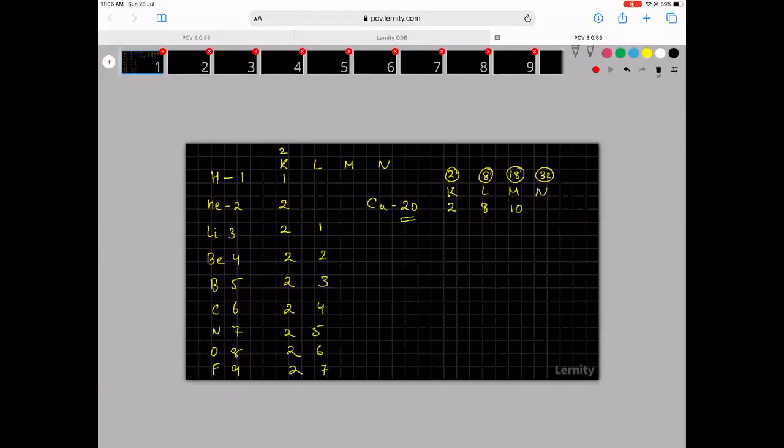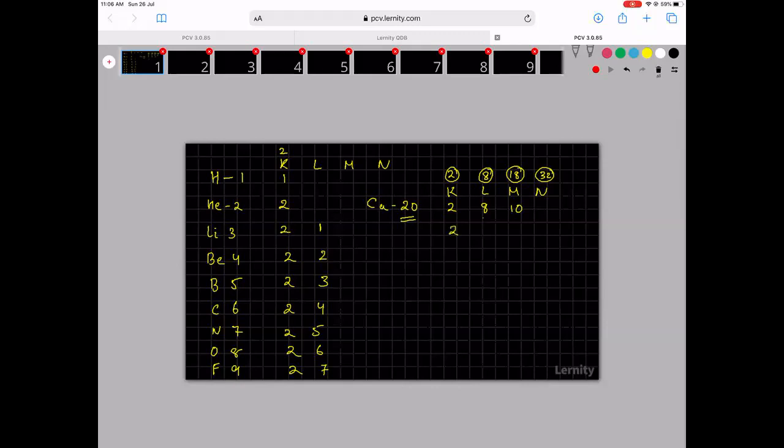But what Bohr said is that the outermost shell can never have more than 8 electrons. So it becomes 2, 8, 8, and then 2. So this becomes the electronic configuration for calcium.